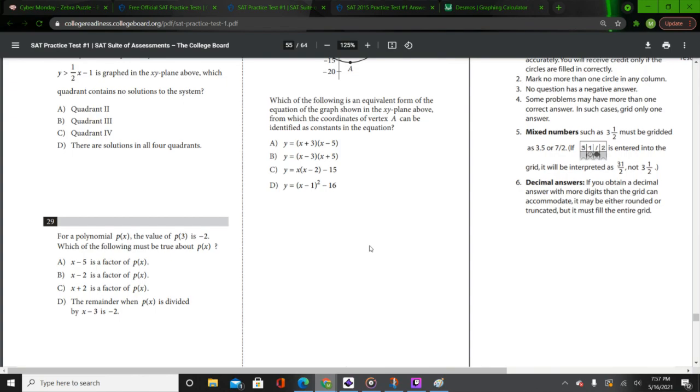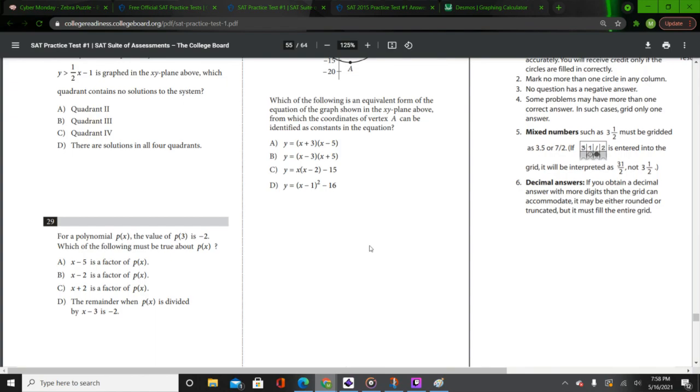Let's say you put in 3 to that. 3 minus 5, that's -2. Maybe, I don't know. x minus 2 is a factor of p of x, so that would be 1 is a factor of p of x for this, which is, I guess, technically true. Oh, x plus 2 is a factor of p of x.